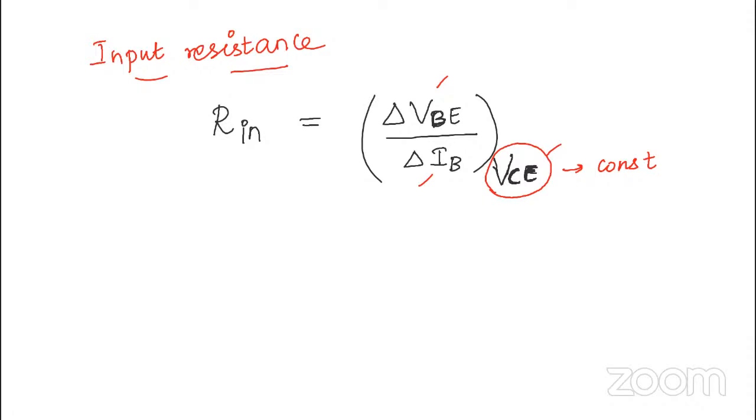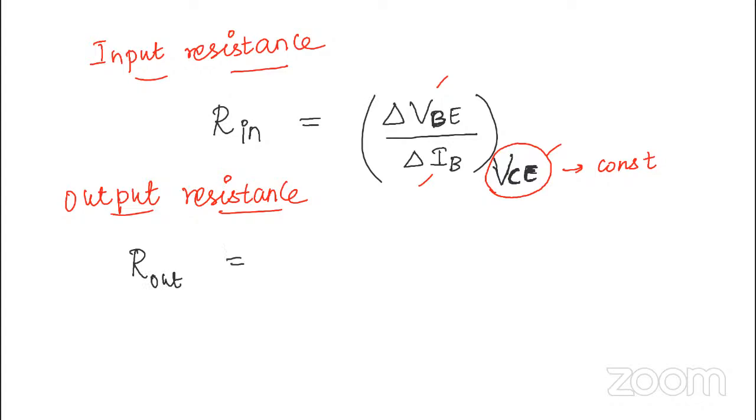Next one, how do we calculate the output resistance? R output is equal to delta VCE divided by delta IC at constant IB.